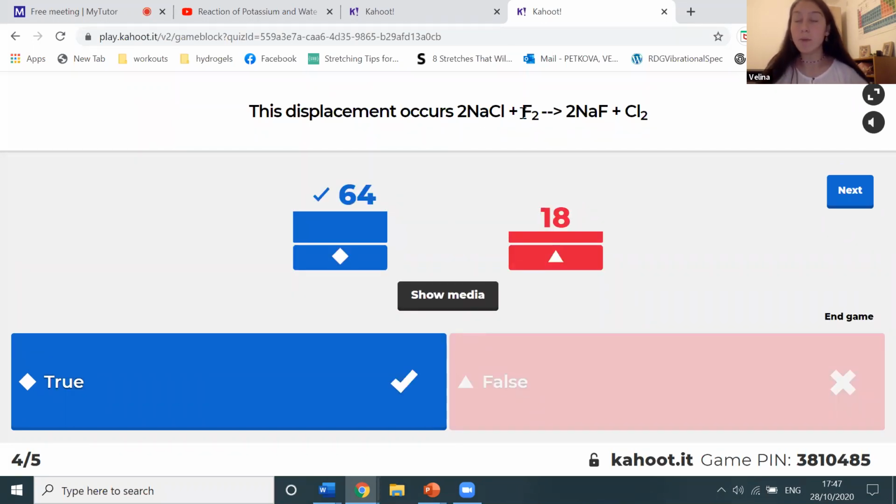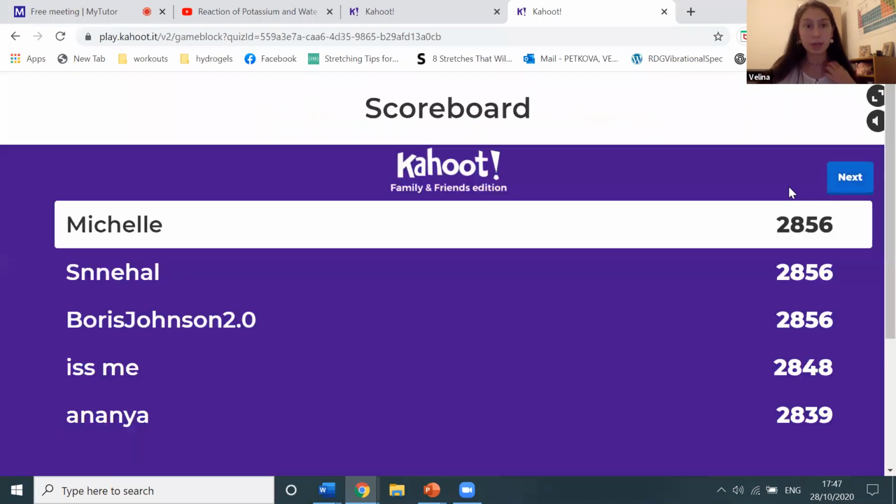So what matters is, is fluorine more reactive than chlorine? If fluorine is more reactive than chlorine, then it will displace it and form this salt. As we know, fluorine is at the top of group 7, therefore it's the most reactive halogen, and so the displacement reaction does occur. And it is true. Okay.